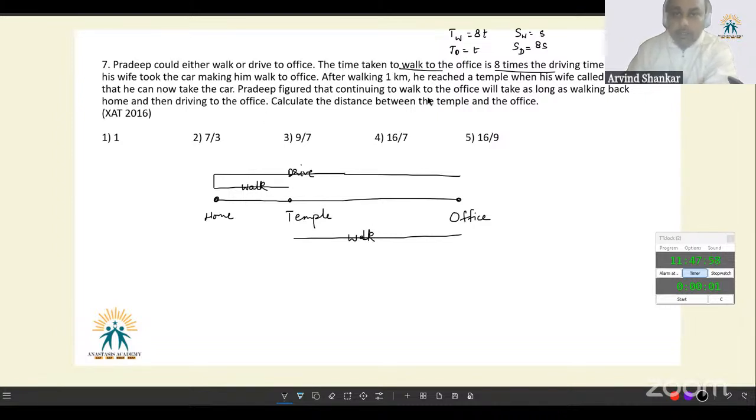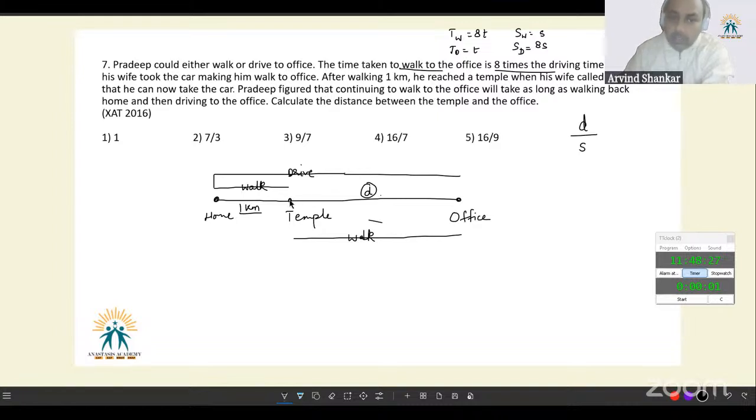Pradeep figured that continuing to walk to the office will take as long as walking back home and then driving to the office. Calculate the distance between the temple and the office. Now we know this distance is 1 kilometer. And what is finally asked of us is this distance, this d. So what is the time that it would take him to walk from temple to the office? It is d divided by speed of walking, which is s.